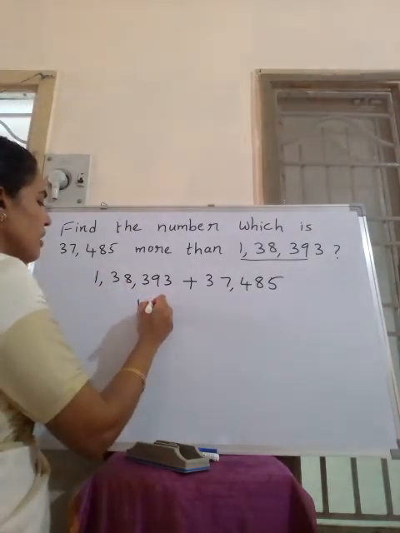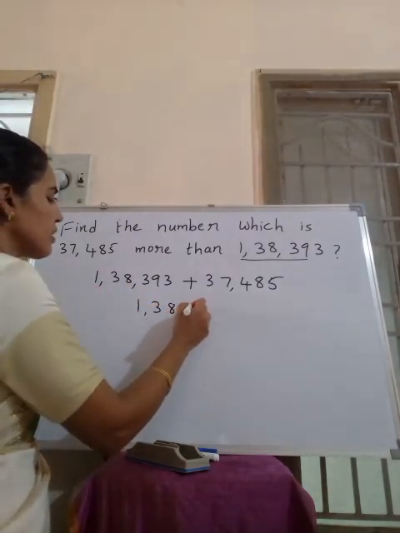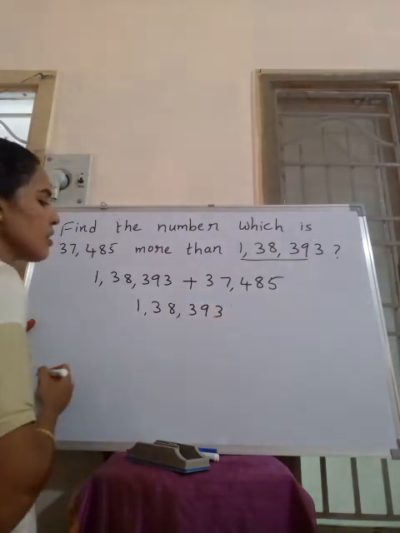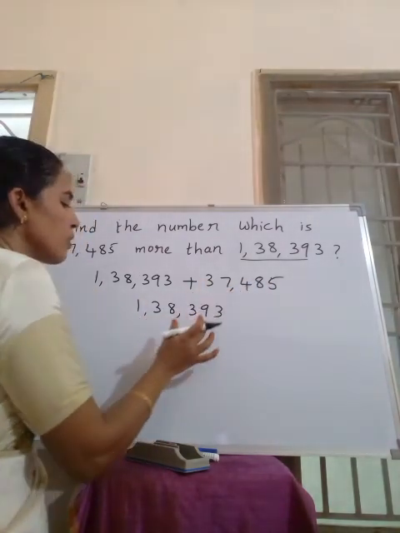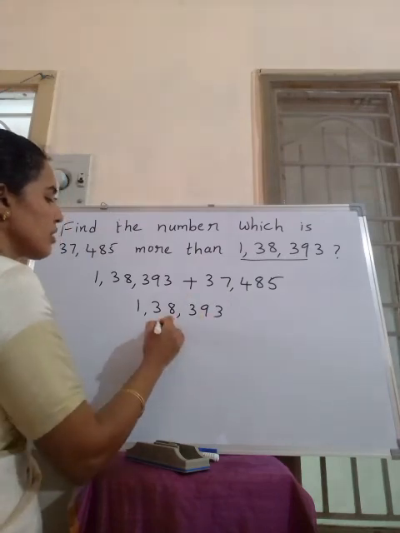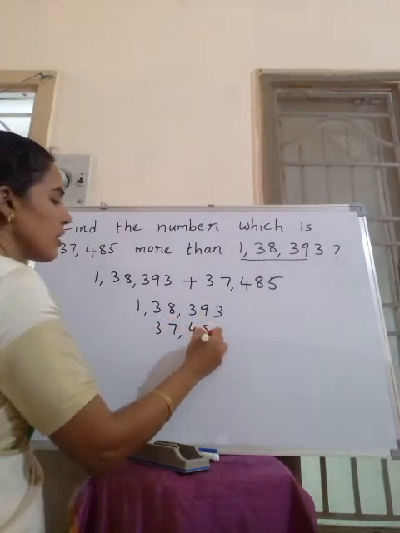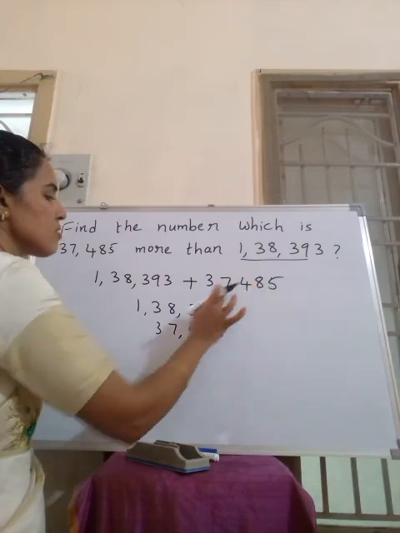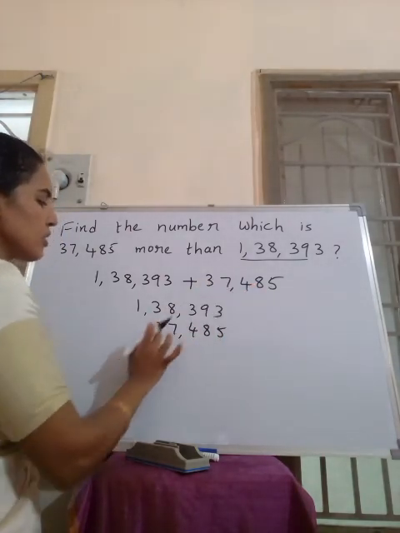Now again, while adding, first I am writing 1,38,393 and arranging the digits of 37,485 below the same places: ones place, tens, hundreds, thousands, ten thousands.